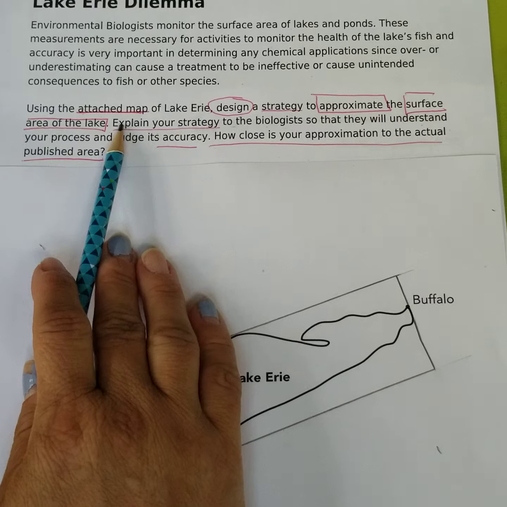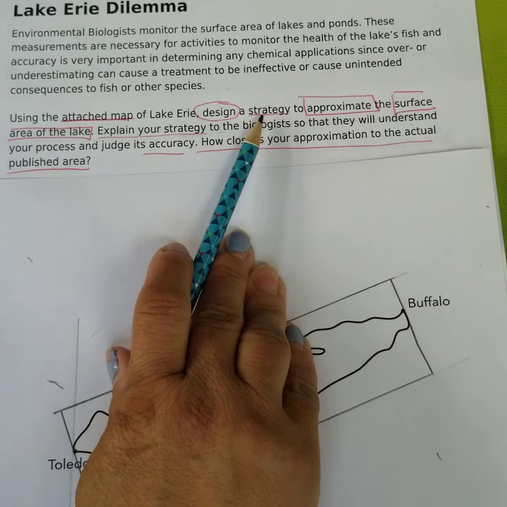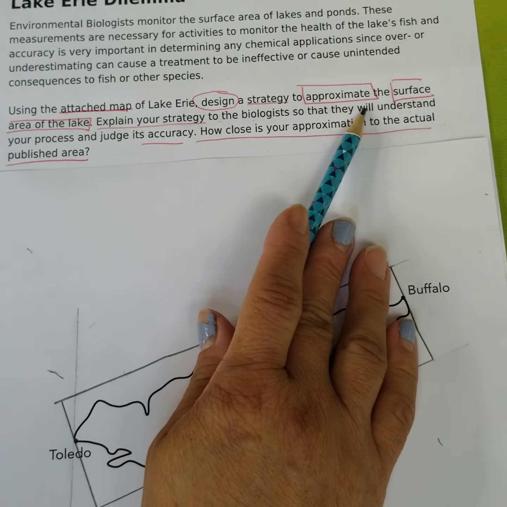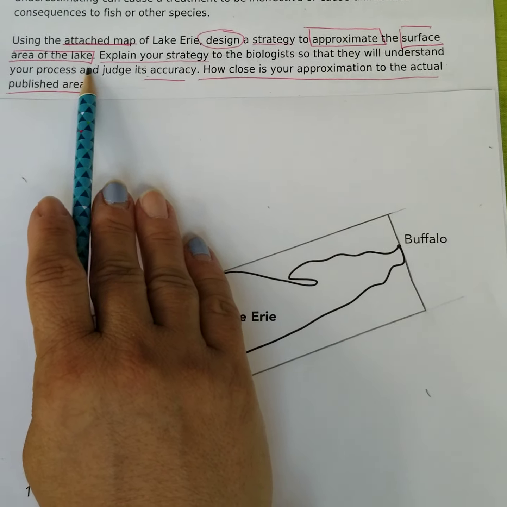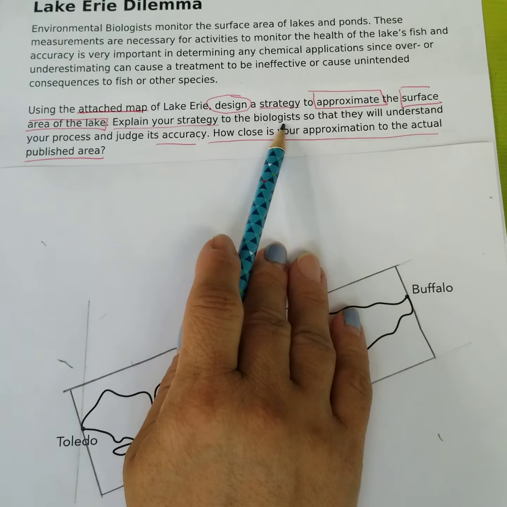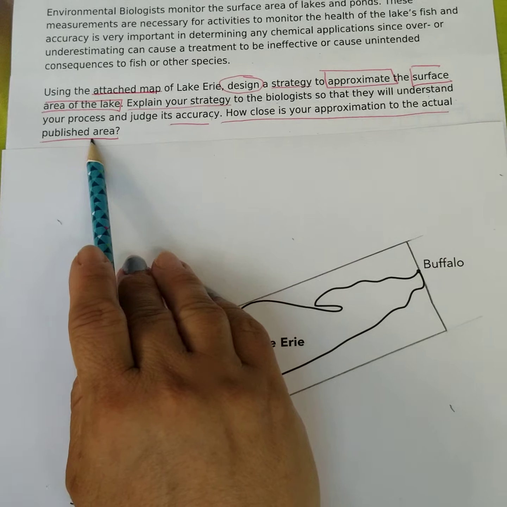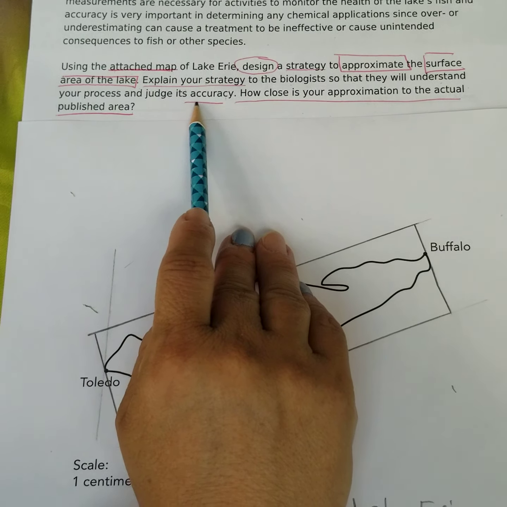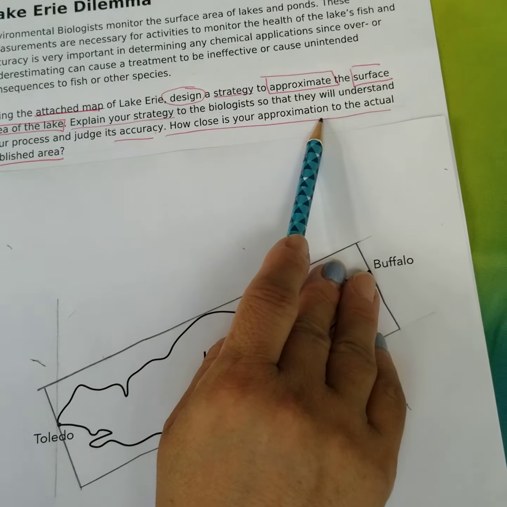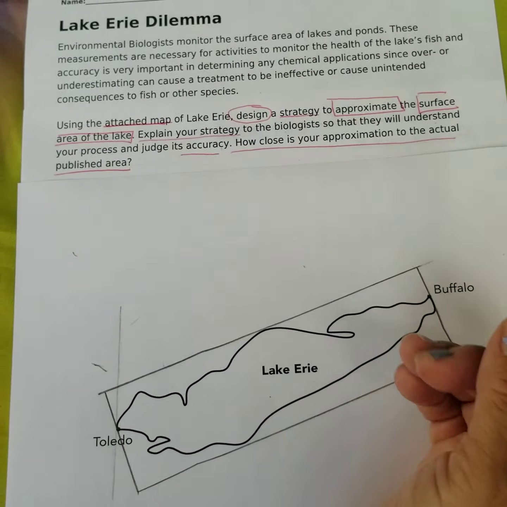Using the attached map of Lake Erie, design a strategy to approximate the surface area of the lake. Explain your strategy to the biologists so that they will understand your process and judge its accuracy. How close is your approximation to the actual published area?